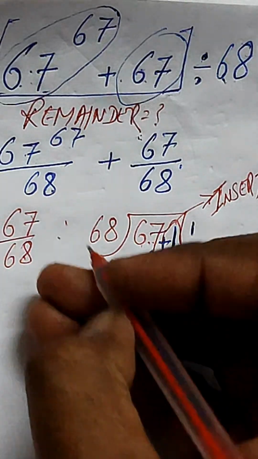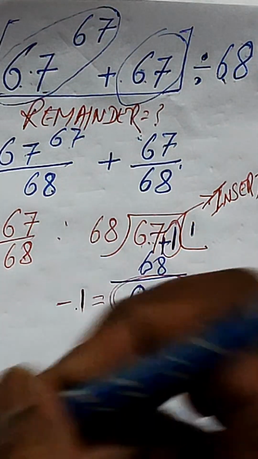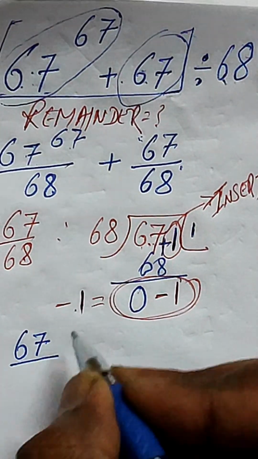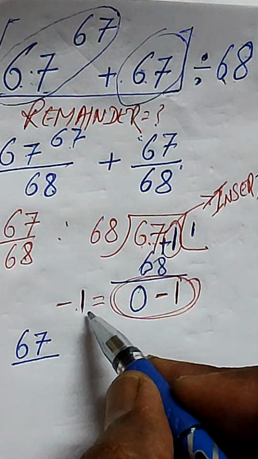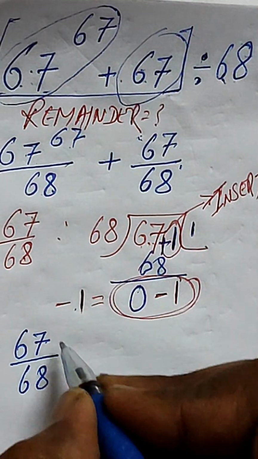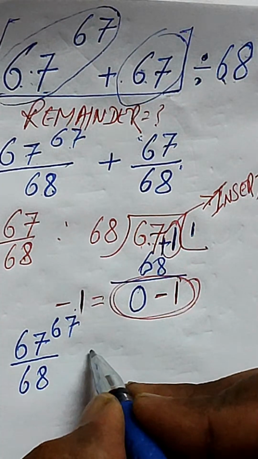So the first number 67 by 68 will give you the remainder minus 1, right? 67 power 67 by 68 is there.